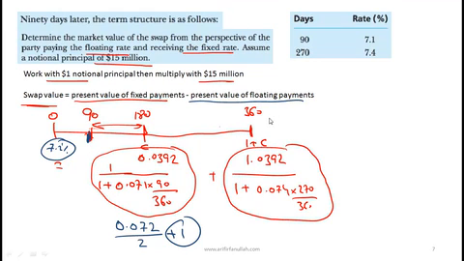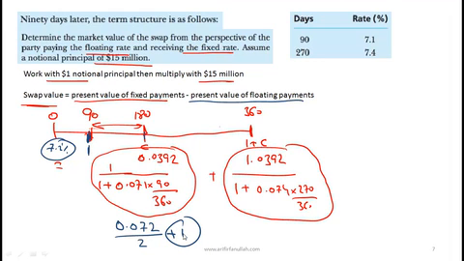Again, just say this to yourself 100 times if you are confused, that at reset date, the value of a floater will be equal to par. Okay, so from a floating rate perspective, at this point, the cash flow will be 1 plus this. So how do you come up with the value of the floating rate payment at this point?